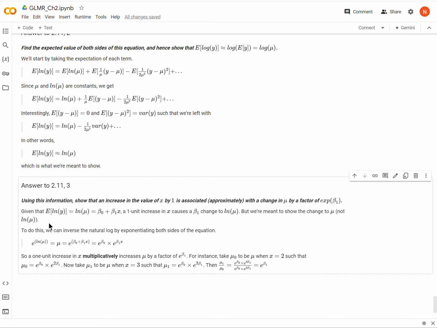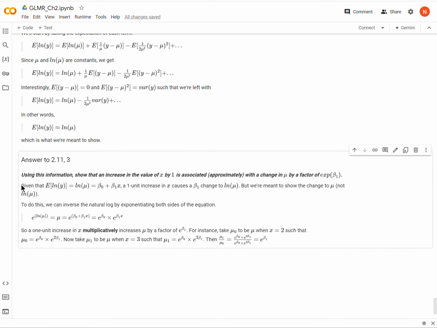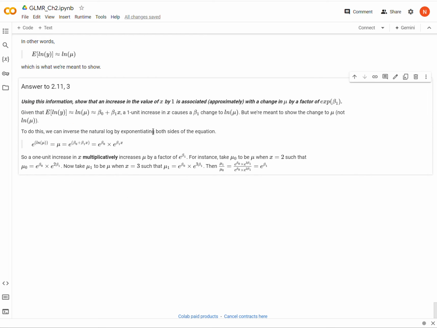Okay, so let's get going. Given that the expectation of the natural log of y is approximately equal to the natural log of mu, and that is approximately equal to our linear model here, beta naught plus beta 1x.